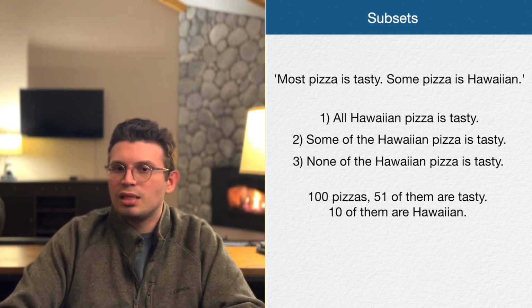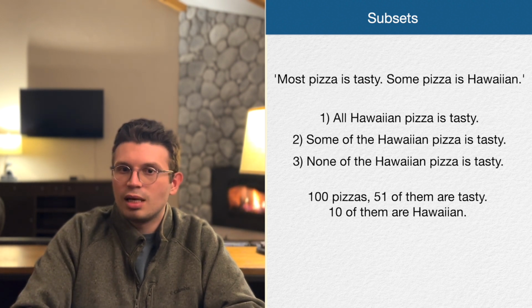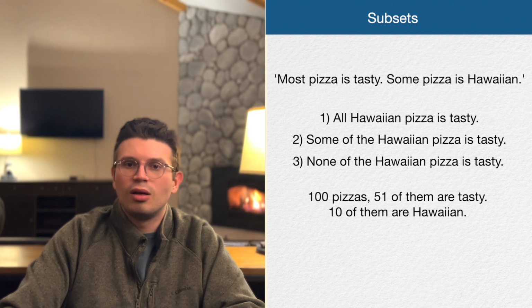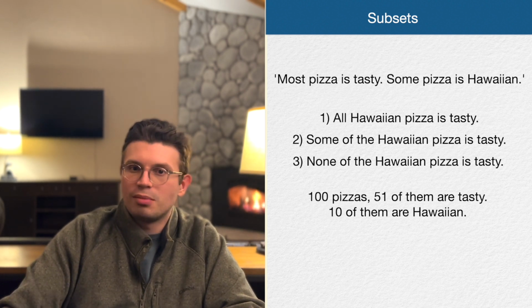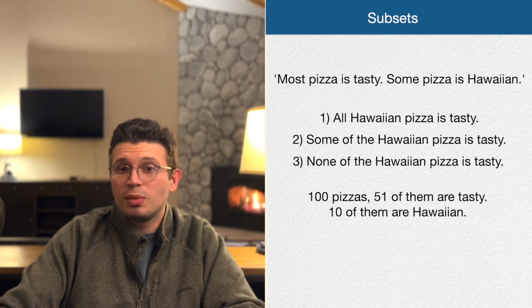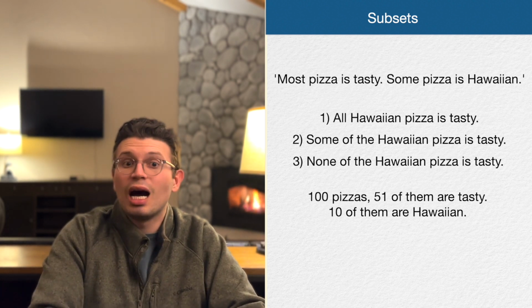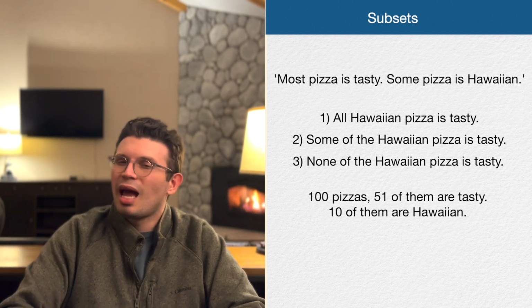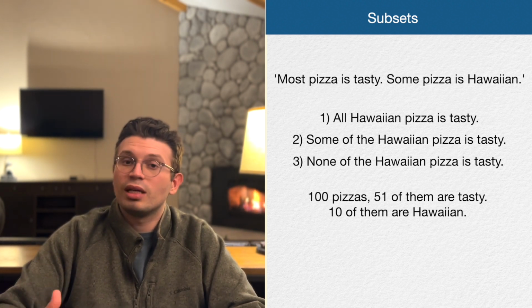Those 10 Hawaiian pizzas can be within the most subset, okay? And you could have 10 of the 51 being tasty Hawaiian pizzas. Or maybe only 8 of the Hawaiian pizzas are tasty, okay? And the other 2 are not. Or maybe those 10 Hawaiian pizzas are in the subset of 49 untasty pizzas, okay? So we've got some overlap there that's ambiguous. And I think that's a good example to fall back on if you get confused on test day or in practice.